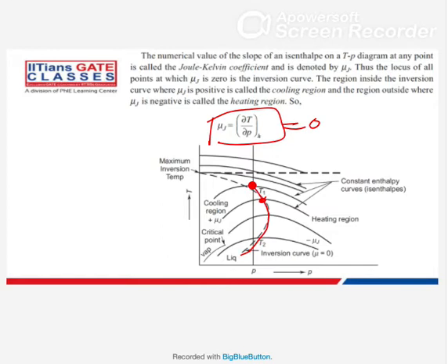This is your inversion curve. The inversion curve passes through this maximum point, and that is a point where the slope is 0. ∂T/∂P at constant enthalpy is 0. Okay. Clear this thing?